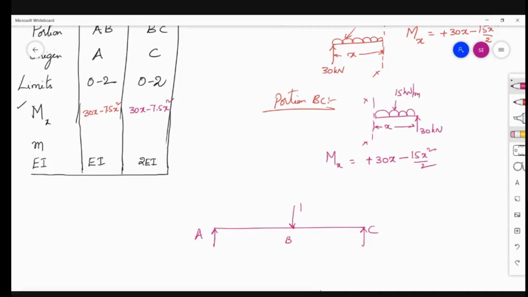Now, as this is 2 meters, you can simply understand this one, this is 0.5. Now consider the section, relations of x.